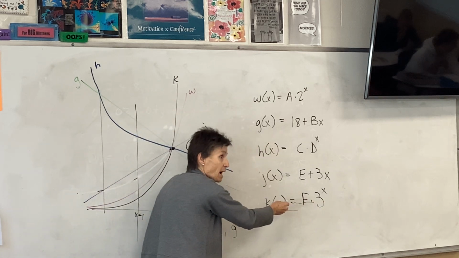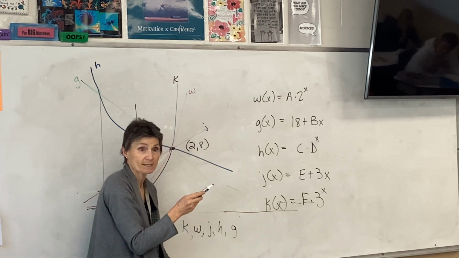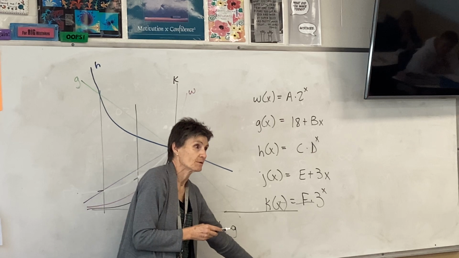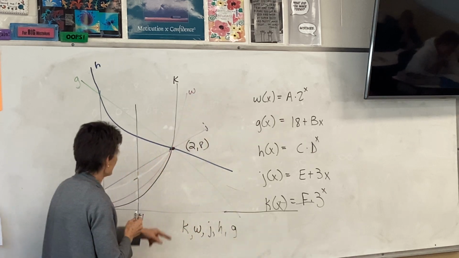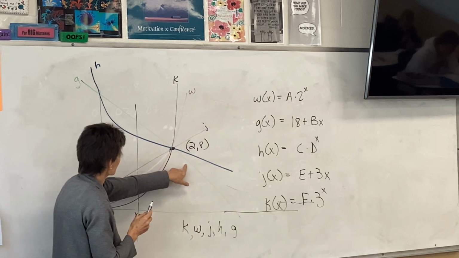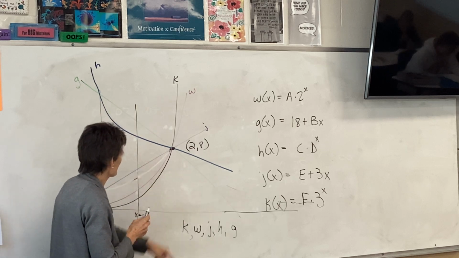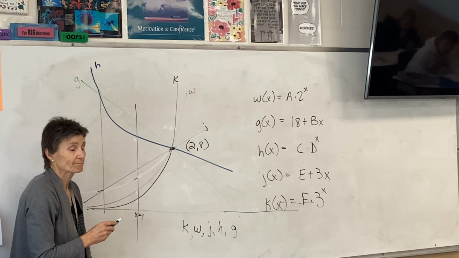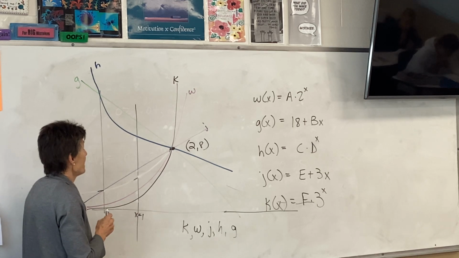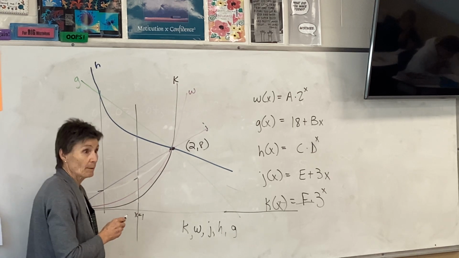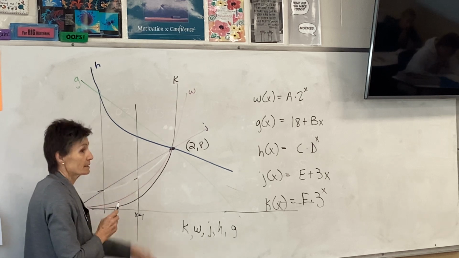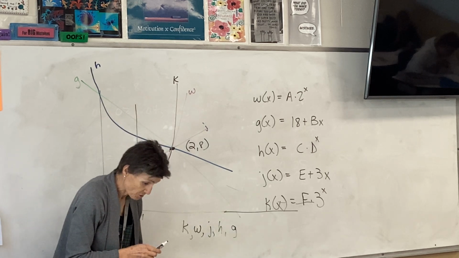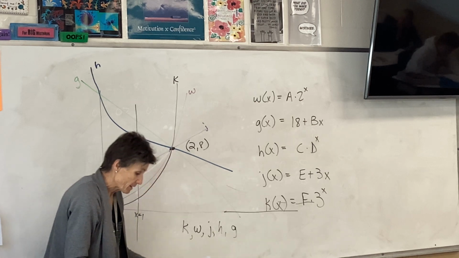It's going to stay on top of the x-axis because it's approaching 0. This line is just going to shoot down into oblivion, right? So definitely G is the smallest, and then H. Okay, then what? J. And then W, and then K, because K has a bigger base, so it's going to shoot up faster. Perfect.